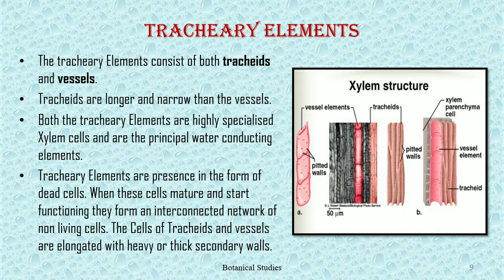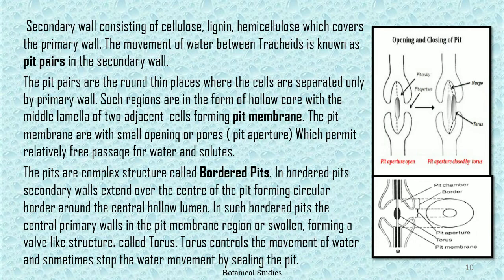The cells of tracheids and vessels are elongated with heavy and thick secondary walls. The secondary wall, consisting of cellulose, lignin, and hemicellulose, covers the primary wall. The movement of water between tracheids occurs through pit pairs in the secondary wall. The pit pairs are the round thin places where the cells are separated only by the primary wall.